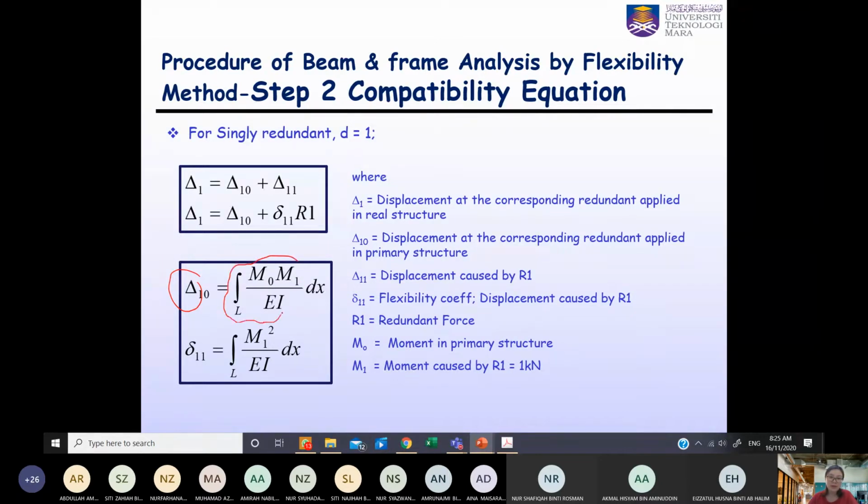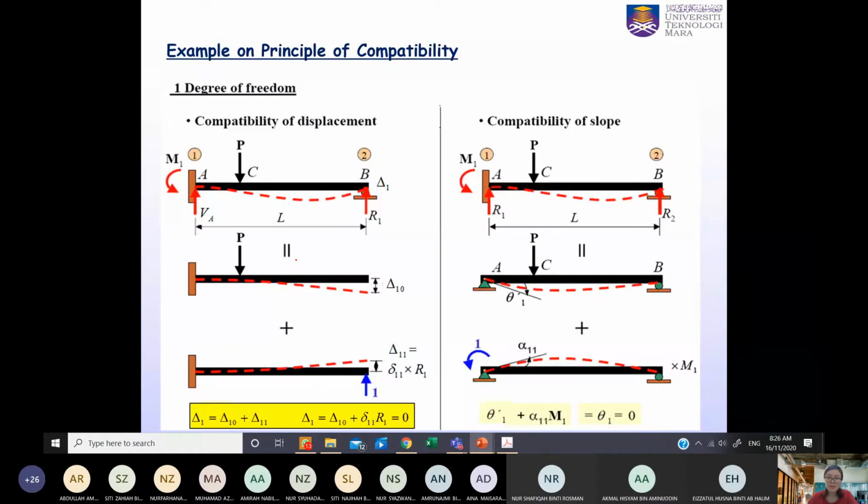Therefore the equation to get the displacement or deflection for beams and frames uses integration. I will not go into very detailed explanation on this, because we have gone through it earlier. Maybe we will have a look at this case.